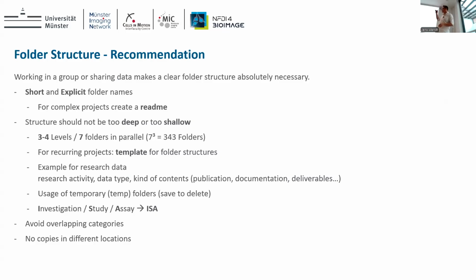And maybe also name the folders with 01, 02, so that you directly know where to go. Using templates, the ISA standard is basically the same as these folder levels. The investigation is the first level, the study is the second level, so you can go on in parallel, and then you have a third layer, and not going too deep into folder structures.